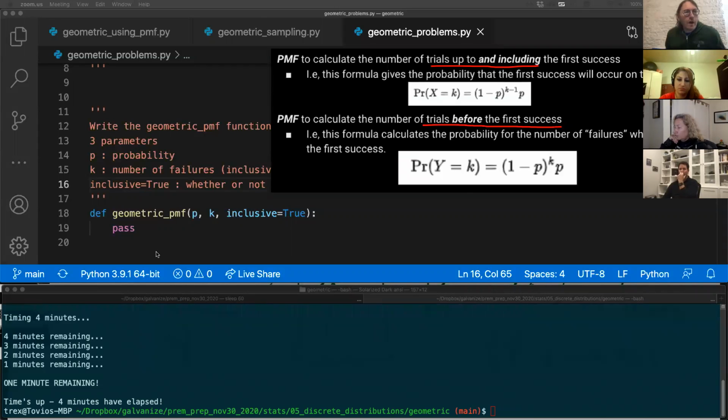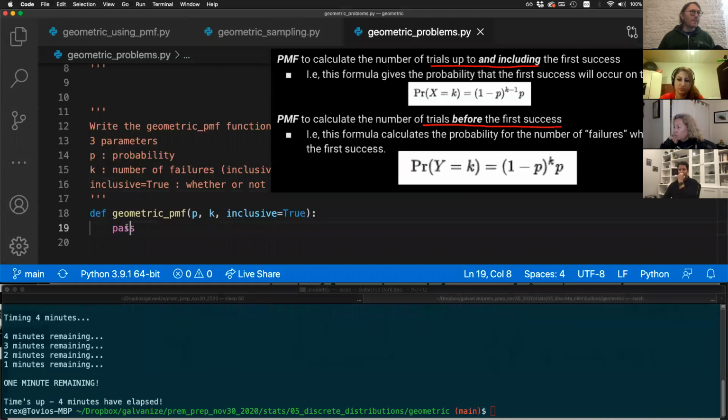All right, so I'm just going to code through this really quick. It should be pretty straightforward, because we're just translating these directly, and we just have this flag, this switch: if inclusive, then we use the inclusive form, which is p times 1 minus p to the k minus 1.